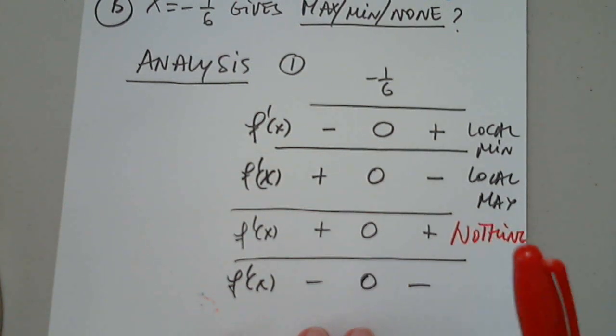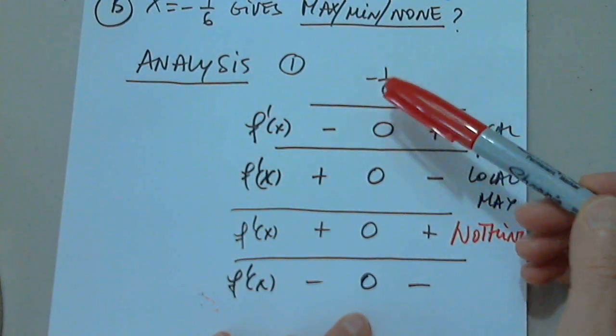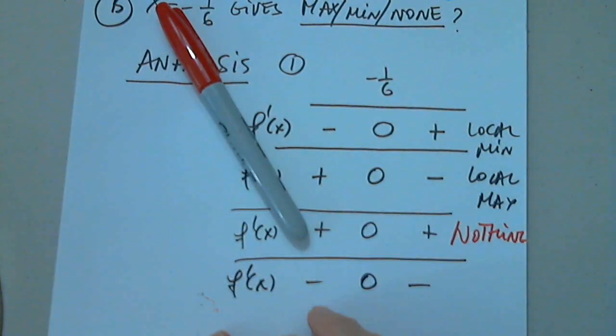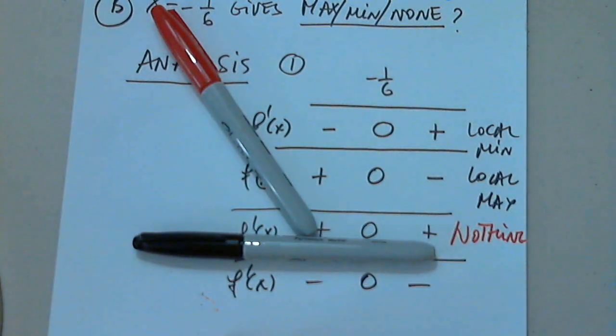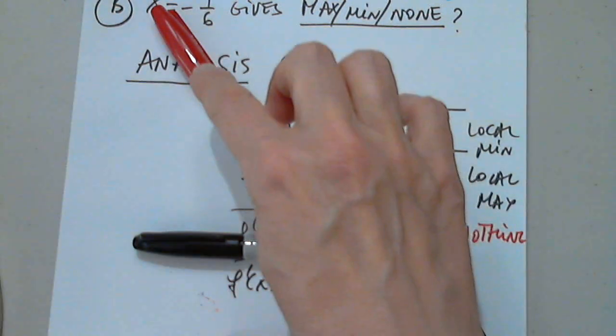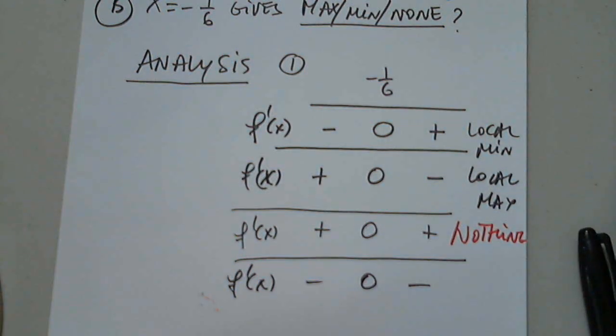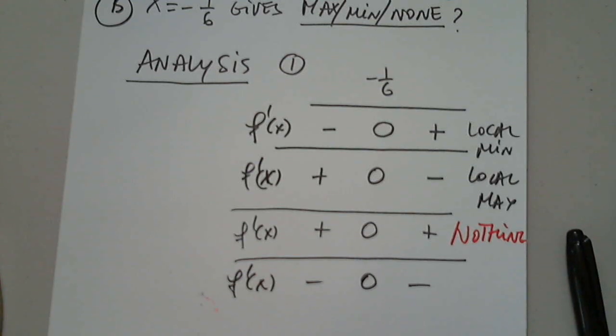Good. Last option. We find that this is a critical number, the derivative is 0, and we find this, a negative derivative, a 0 derivative, and a negative derivative, which is very possible. What type of point is this?